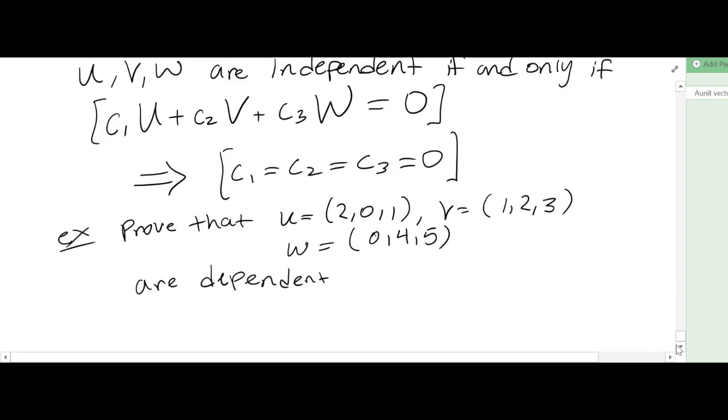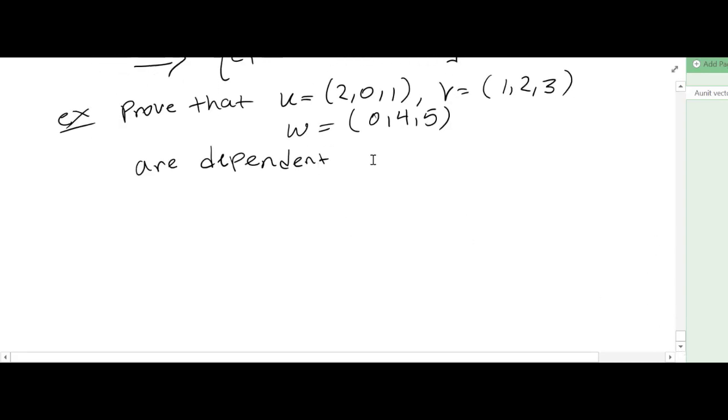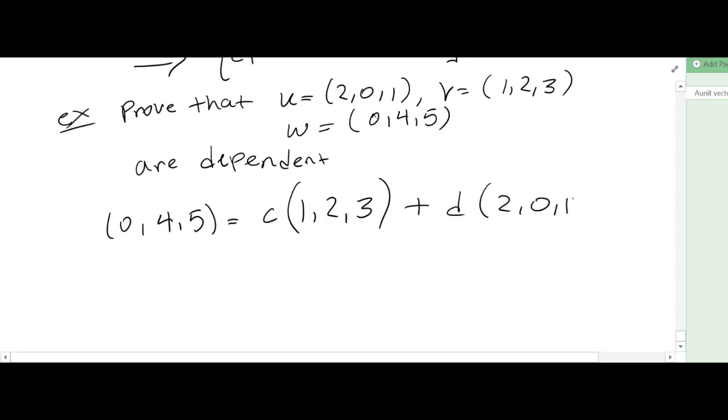So we want to prove that one of the vectors, it doesn't matter which one, is a multiple or a linear combination of the other two. So we can say W is cV plus dU. We want to solve for c and d. Basically, we want to find c and d so that this equation works out.